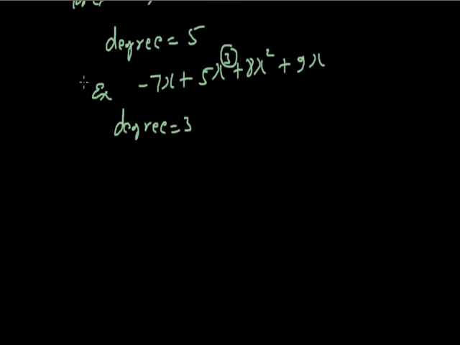Now what happens if a polynomial contains more than one variable?